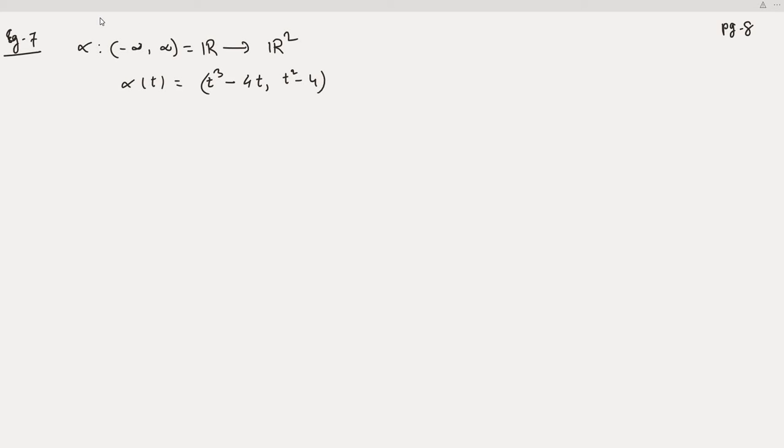And the picture of this curve is the following. So this is the picture. Now example 8.